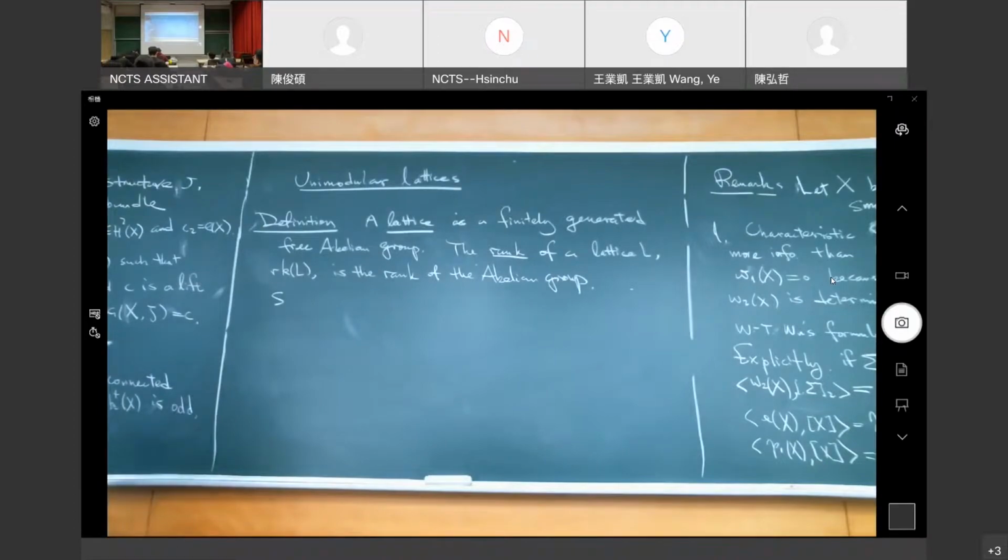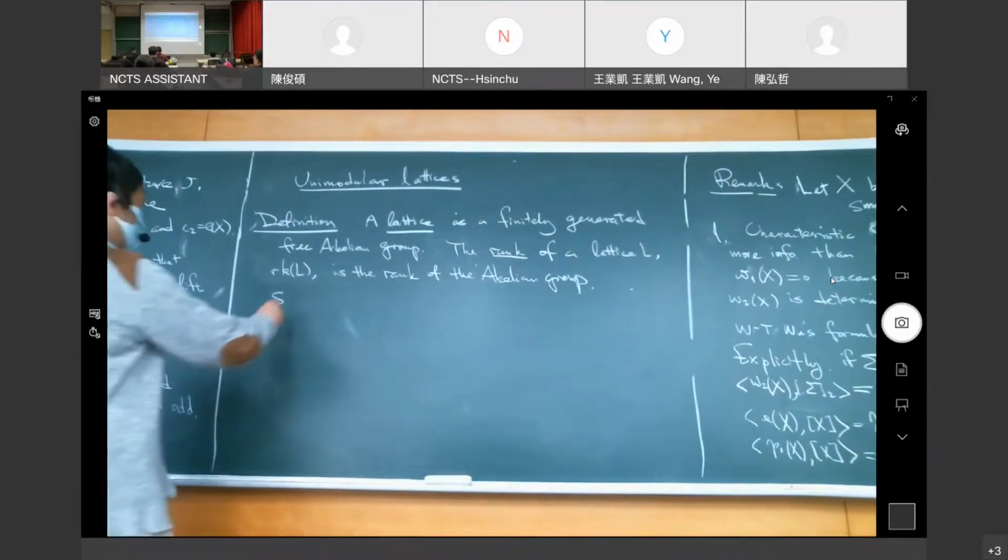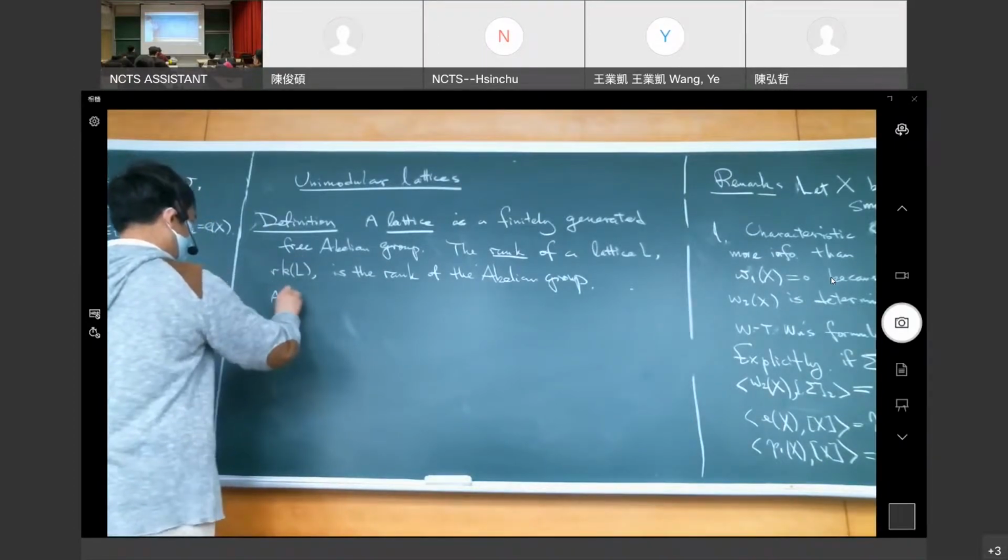Then we talk about a symmetric bilinear form.